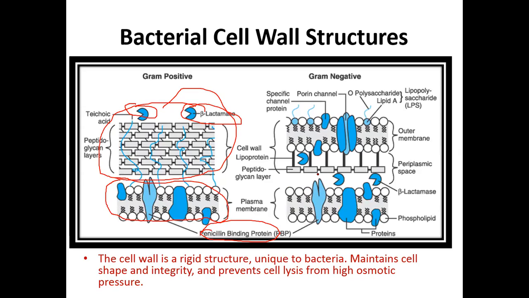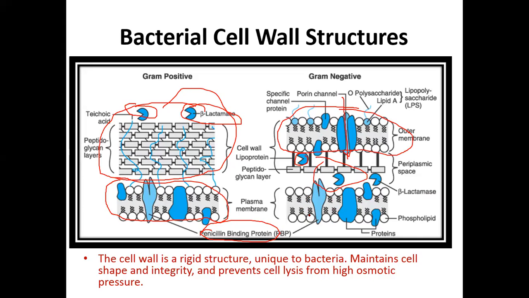Now, for the gram-negatives, you do have another bilayer outside, which is difficult to penetrate to reach this site. But the beta-lactamases are found between the two lipid bilayers. And the drugs normally pass through these pores, the porin structures. They pass through there to gain access to this penicillin binding protein.